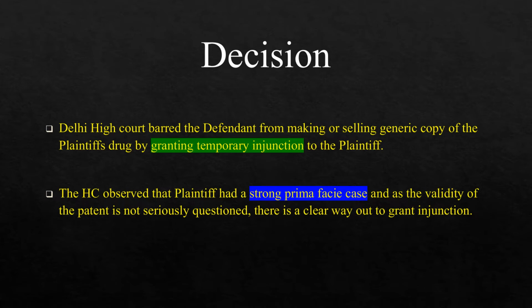So what are the decisions? Delhi High Court barred the defendant from making or selling a generic copy of the plaintiff's drug by granting a temporary injunction to the plaintiff.